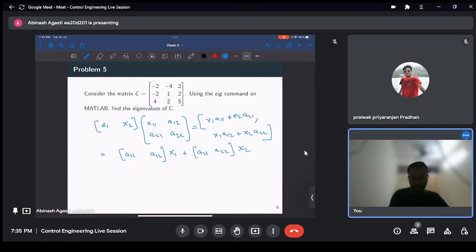Yeah, so a row multiplied by a matrix can be decomposed into the first element of the row into the first row of the matrix plus second element of the row into the second row of the matrix. Now this can be generalized for n dimensions as well, but this 2 cross 2 visualization can come handy in further problems or just to help visualize things better.